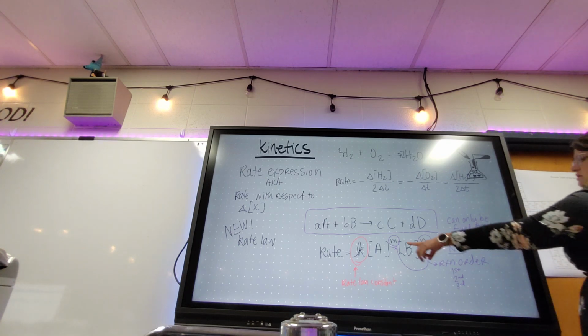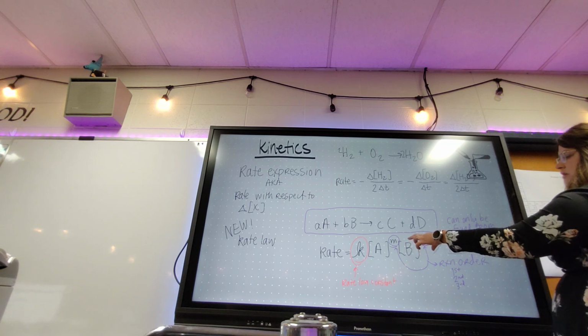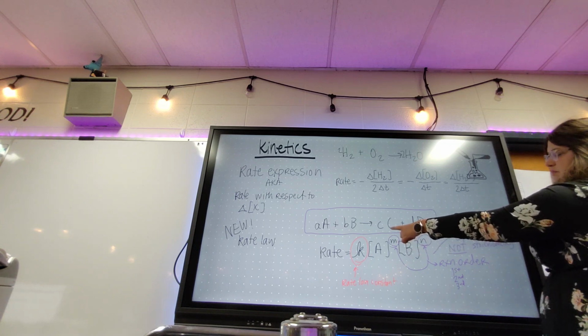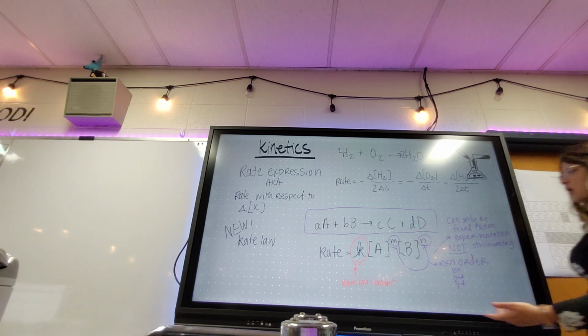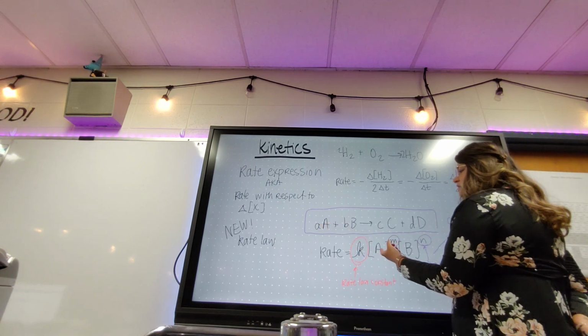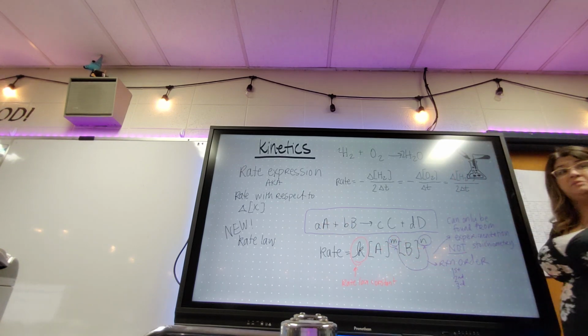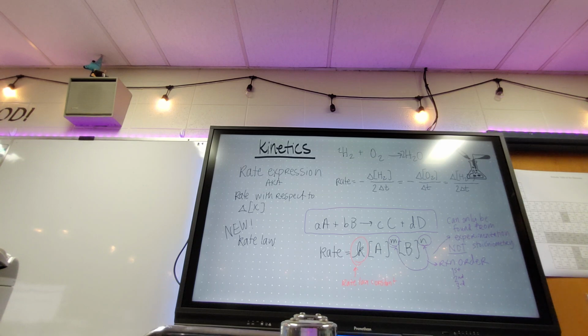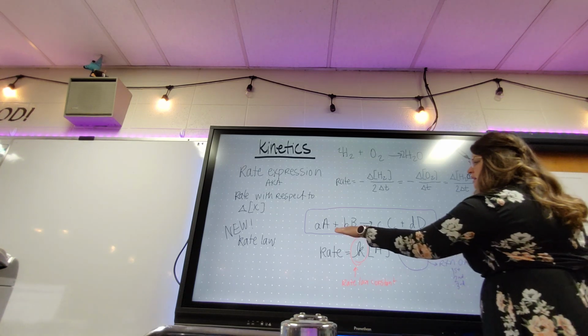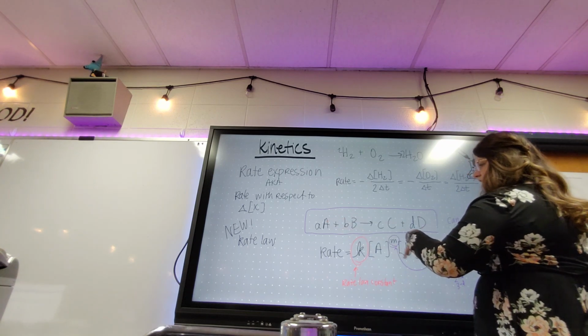That's the only way you can determine what these exponent values are. You cannot just look at a balanced chemical reaction and say, oh, there's a 1 in front of the A, it must be first order. Sometimes that's true, but only because of coincidence, not because there's any correlation between the stoichiometry and how the rate law is actually found.